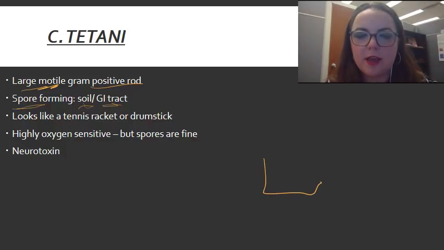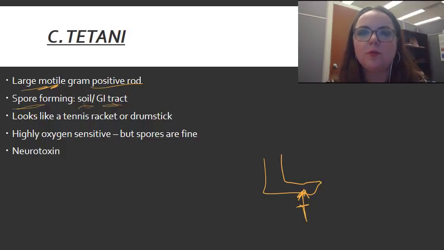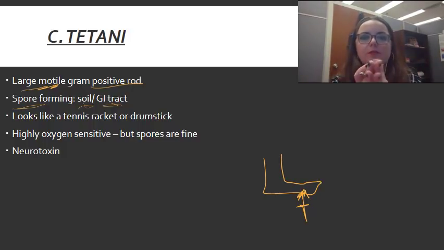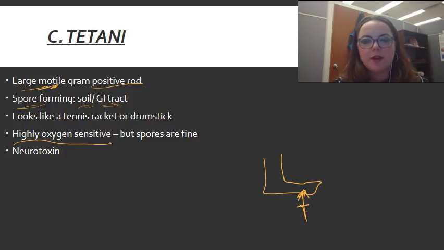The kind of old tale about C. tetani is people stepping on a rusty nail that's sticking out, and that leads to a kind of injection wound, and then the wound closes up, which creates a nice anaerobic environment. And that's good because this is an anaerobic organism. If the spores are on the nail, that's fine. They'll survive, right? Because the spores are hardy in the oxygen.